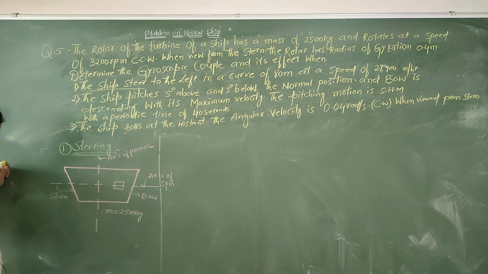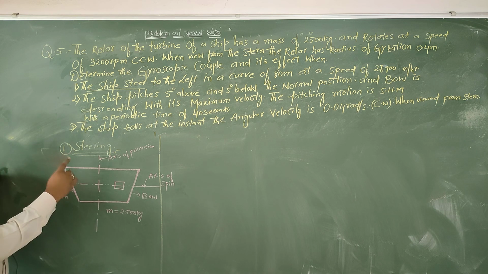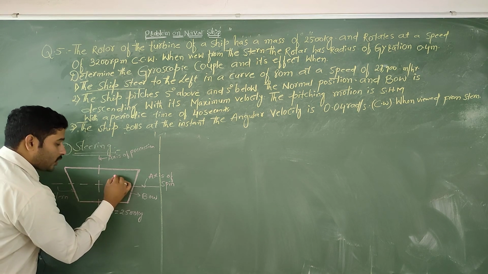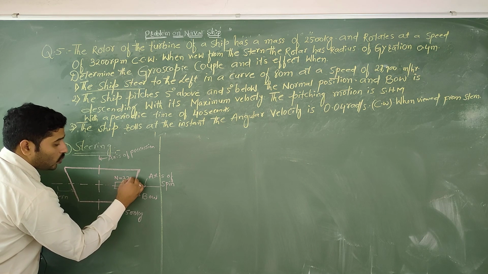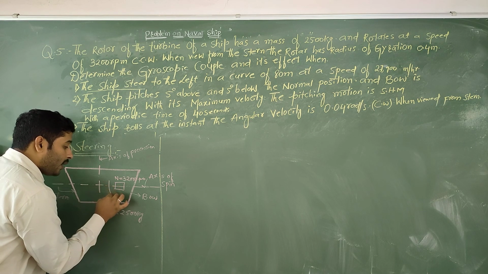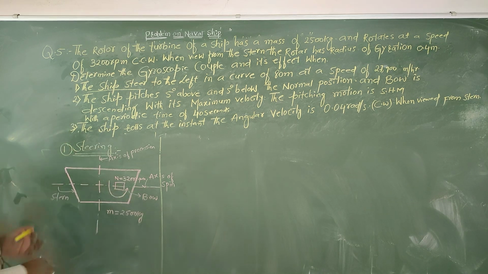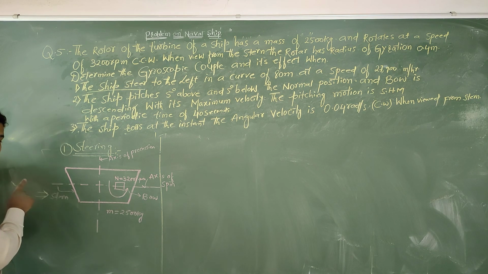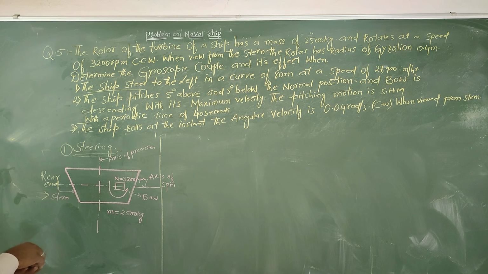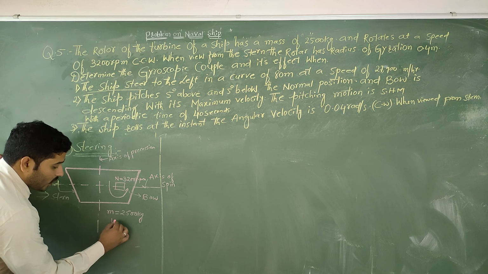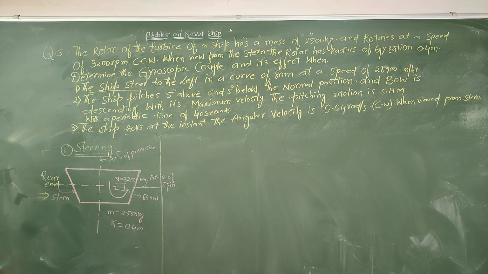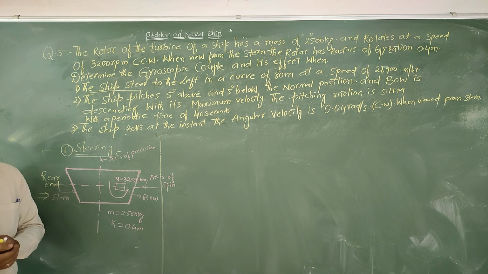The speed of rotation of the rotor is 3200 rpm, rotating counterclockwise, that is anti-clockwise, when seen from the stern, the rear end. The radius of gyration K is 0.4 meter.